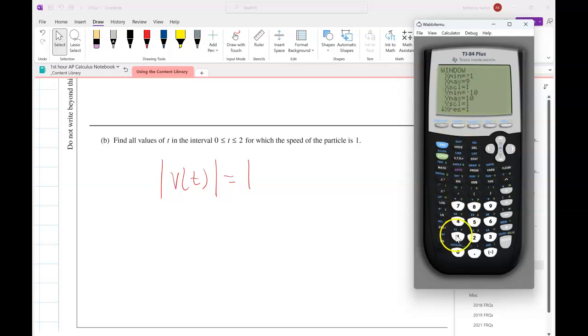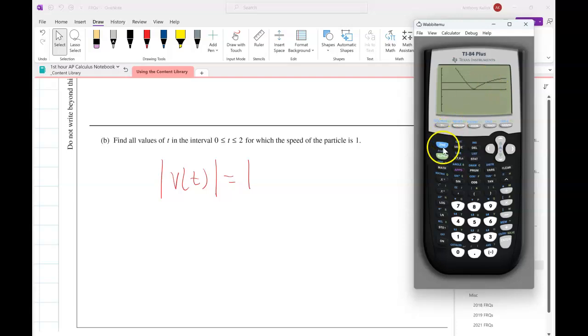And I only need to be going from 0 to 2. I don't probably need this much, but I'll go -3 to 3 or something. I'm just kind of guessing. So here's the absolute value of velocity, or my speed function.